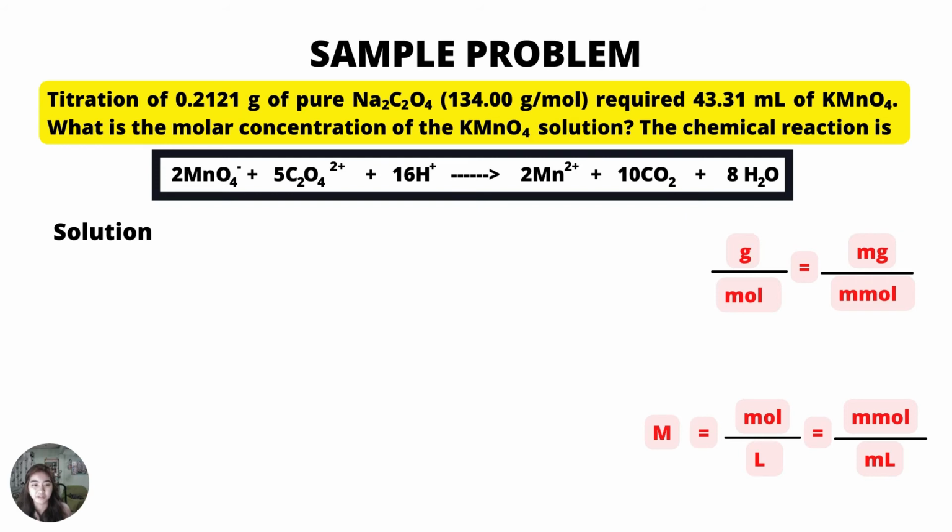So for the solution, as I've said earlier, we proceed to the next step, since the chemical reaction is already given. So I have here on the right side, in red font, grams per mole is equal to milligram per millimole. And molarity is equal to moles per liter, or millimoles per milliliter.